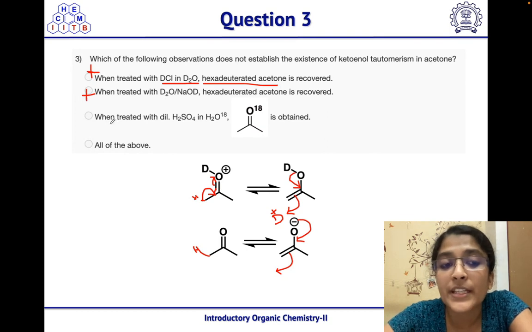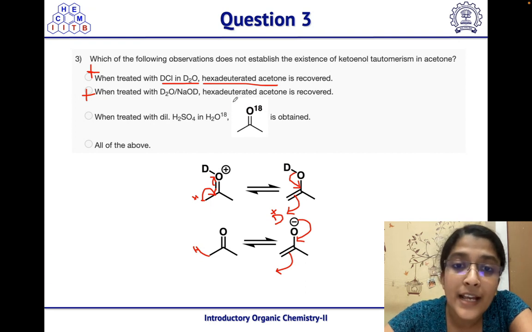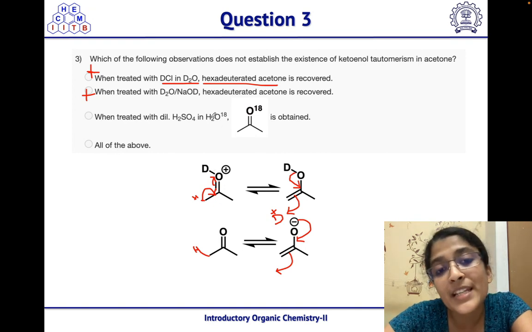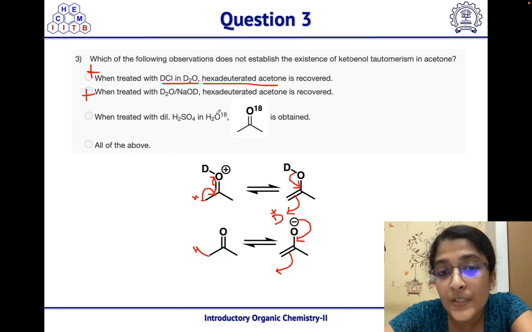The third option is when treated with dilute H2SO4 in H2O18, acetone with O18 substitution is obtained. As we have seen, in this acidic condition, instead of deuterium there will be H plus, and when it is falling back, it is going to abstract this hydrogen. Nothing is happening with the oxygen.